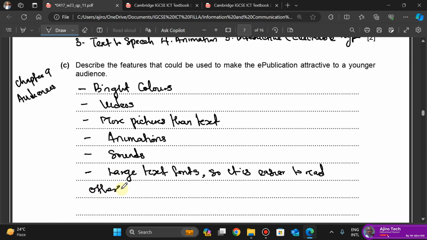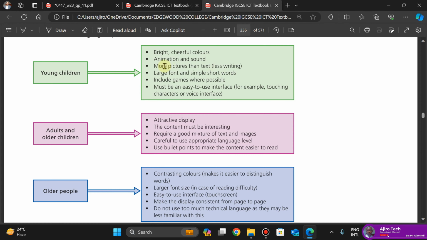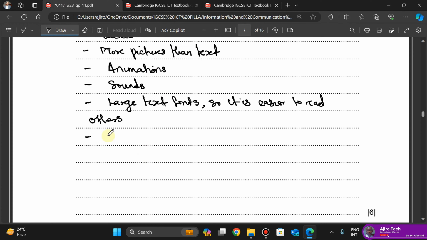Others. Let's look at others. What are others here? Remember, we looked at this. Include games where possible. So games for content can be used.